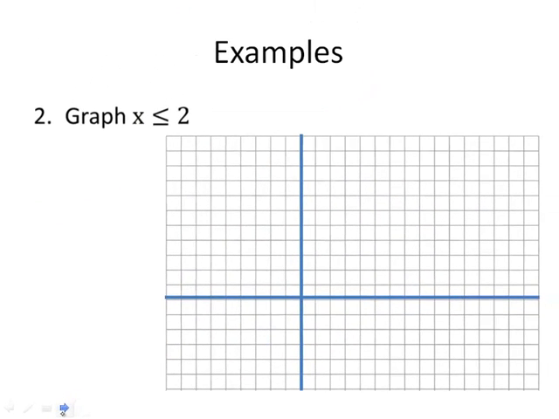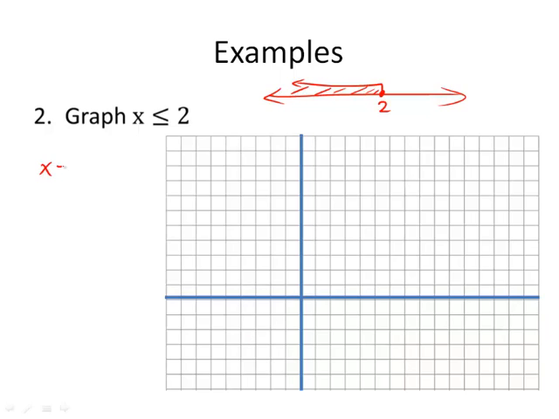Next example, here we only have one variable, x. So you could take this as graphing one-dimensionally on a number line. You knew that, well, x is less than or equal to 2, so we're going to include the 2 and draw everything less than 2. However, they've given us a graph specifically so that we graph it on the two-dimensional plane.